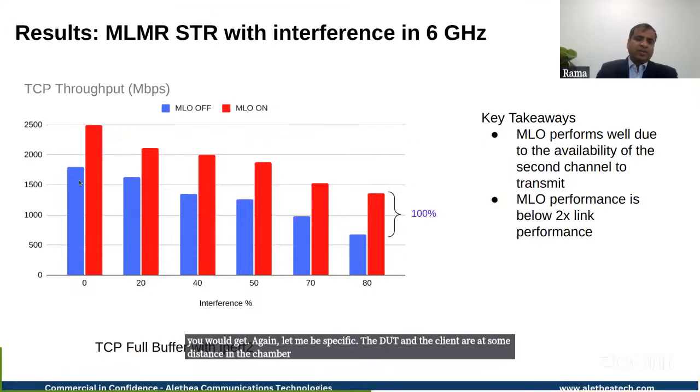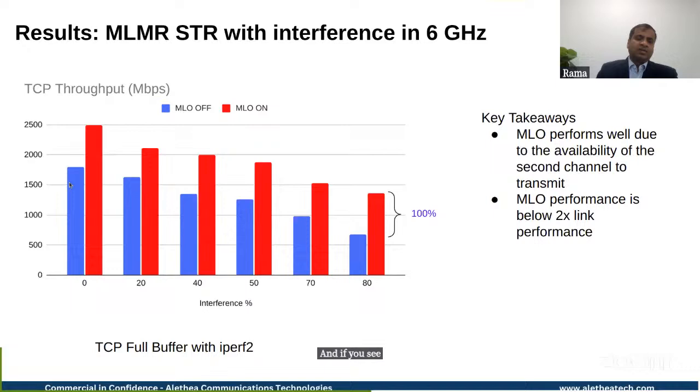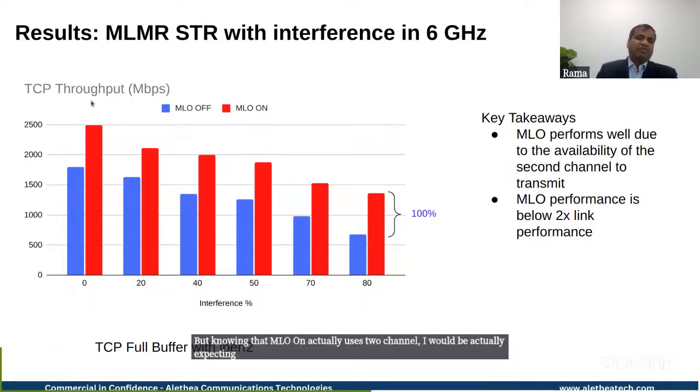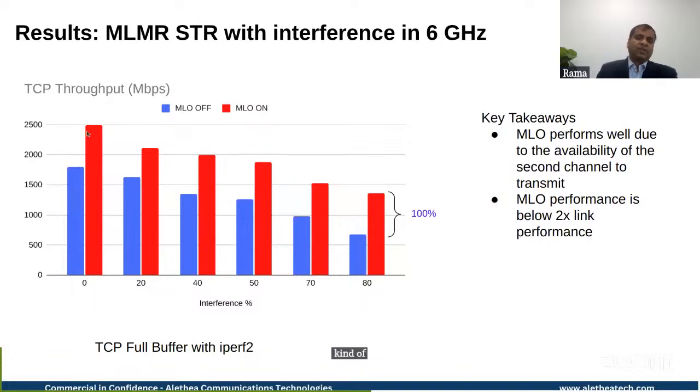And if you see the result here, the MLO off case performs lower than the MLO on case. But knowing that MLO on actually uses two channels, I would be expecting kind of double this throughput. So at 0% interference, it's not double, but MLO surely performs better than the MLO off case.